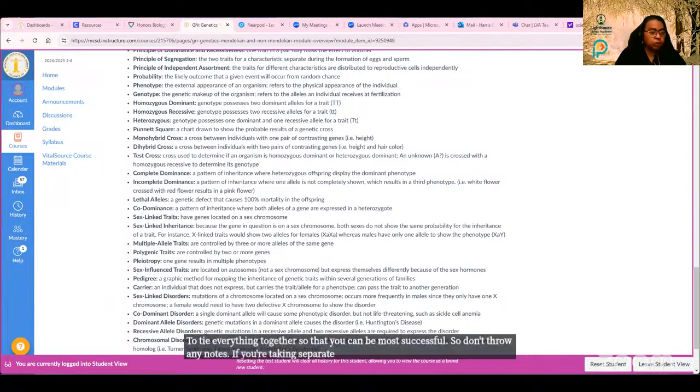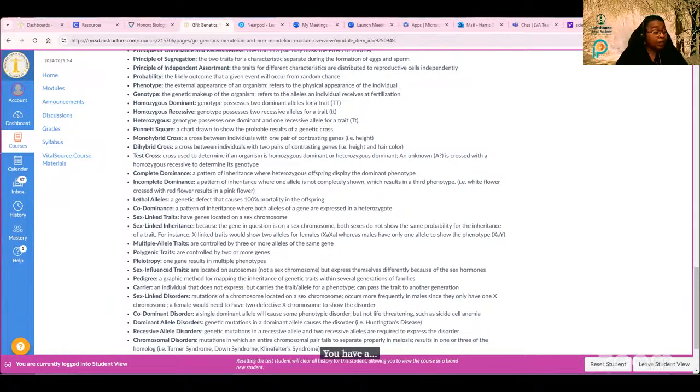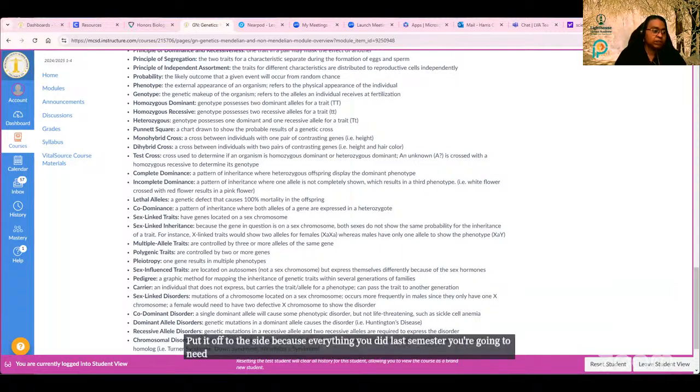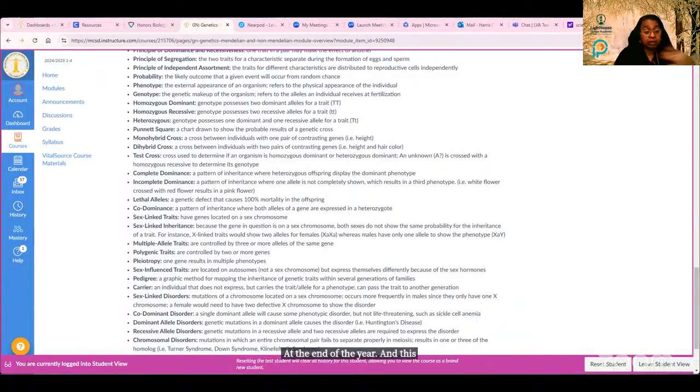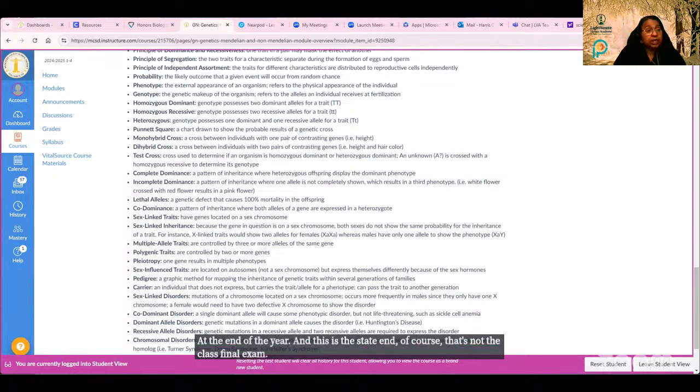If you have separate worksheets, or a folder that you kept last semester's notes in, don't delete it. Put it off to the side, because everything you did last semester you're going to need for the end of course test at the end of the year. This is the state end of course test, not the class final exam. This class has an end of course test.